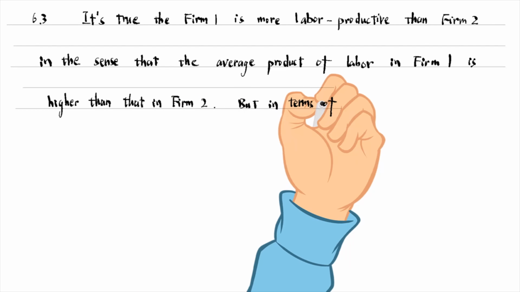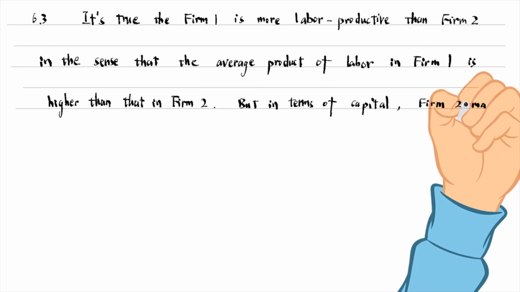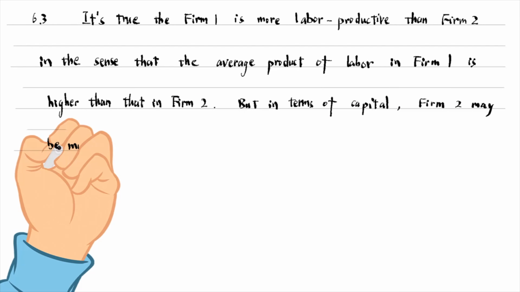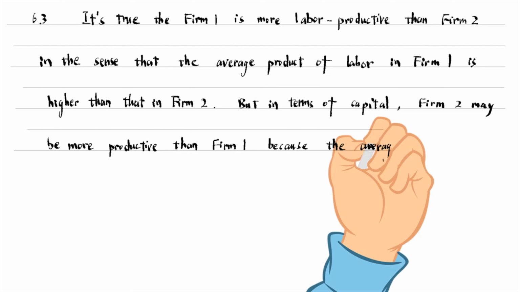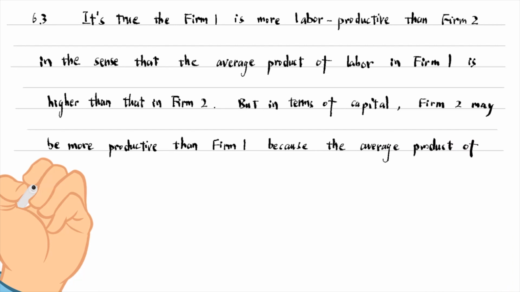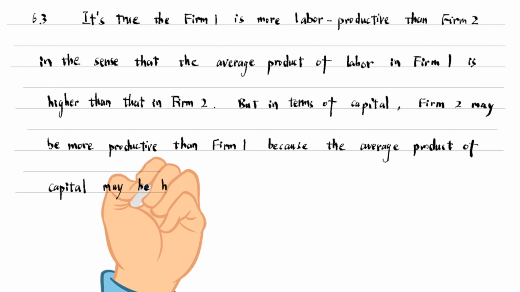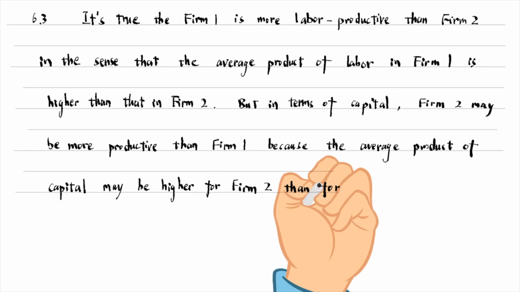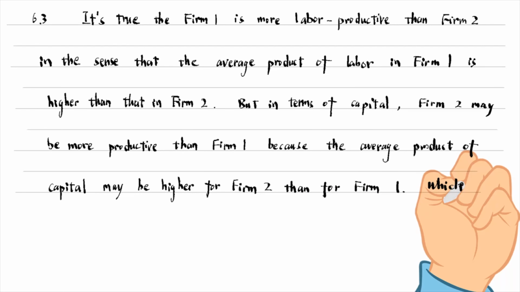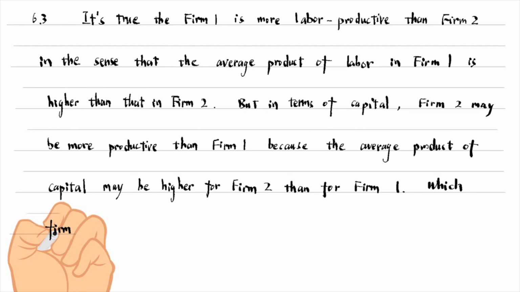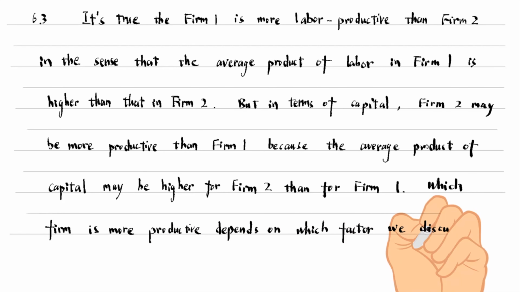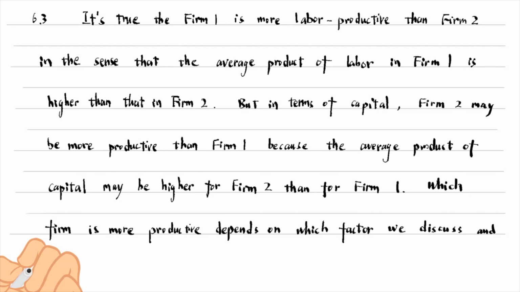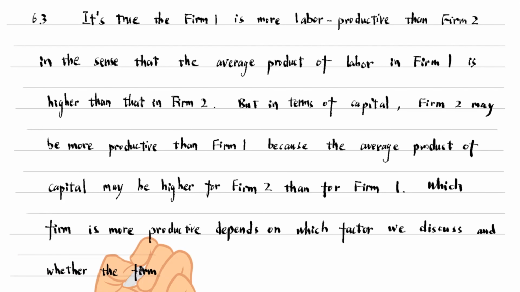But in terms of capital, firm 2 may be more productive than firm 1 because the average product of capital may be higher for firm 2 than for firm 1. Which firm is more productive depends on which factor of production we discuss, and whether the firm is labor-intensive or capital-intensive.